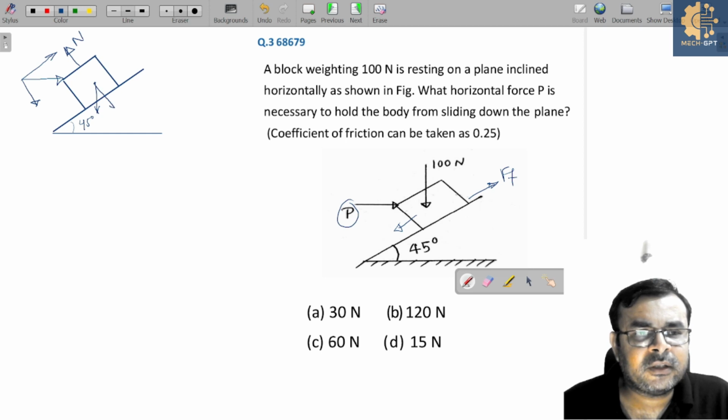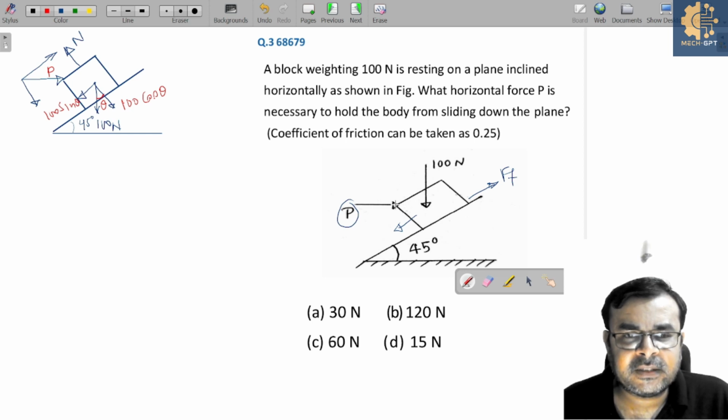And if you resolve this weight, its own weight, then it is simply written as, let's say this is 100 Newton. So you can see, dear students, this one is nothing but this one is P. Is it clear? Sorry, theta. So simply we can say this is 100 cos theta and this is 100 sin theta. And similarly, if this force is P, yes or no? Correct?